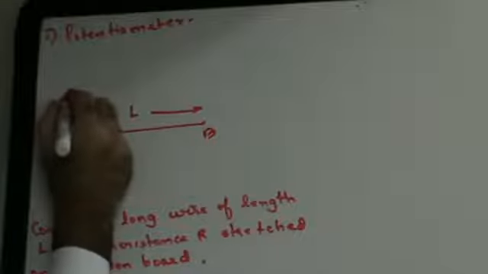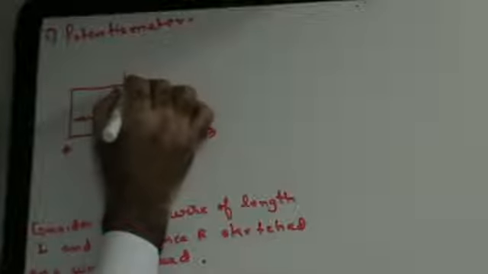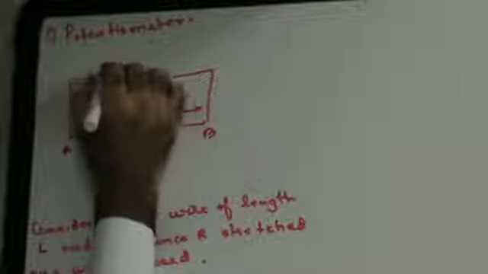Let us consider that you have connected a cell across the wire. This is the cell that's connected across the wire, with a positive terminal and a negative terminal.